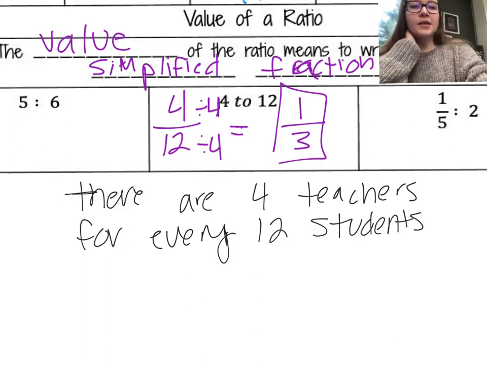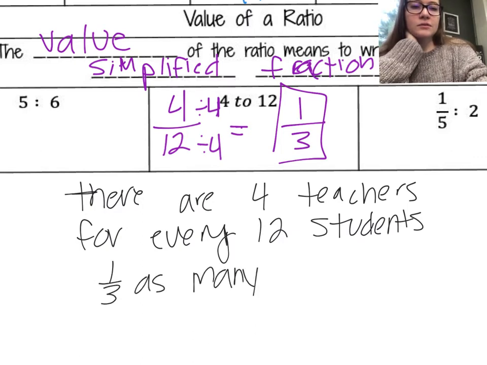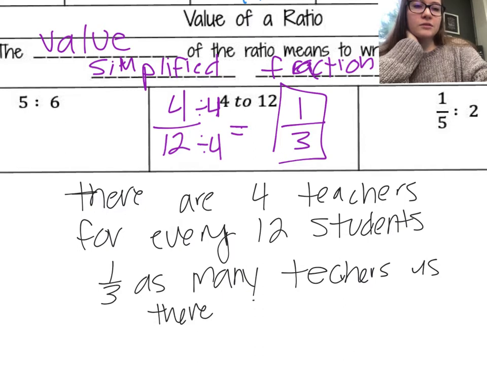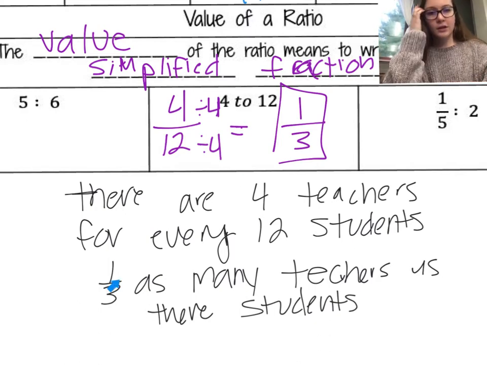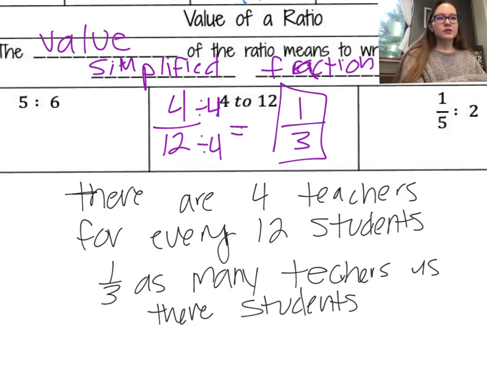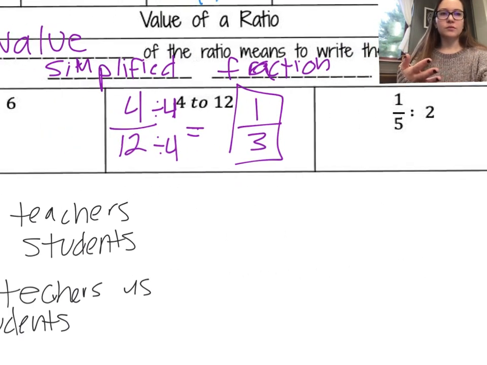Okay, that means that there are 1/3 as many teachers as there are students. Okay, so I took the value of the ratio, 4 to 12, and I simplified it to 1/3. So if I want to find out how many teachers there should be for more students, I take the number of students, 1/3 of that is going to give me the number of teachers I need. Okay?